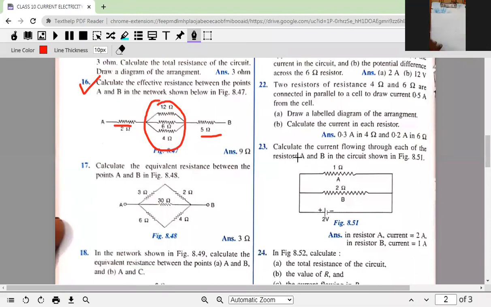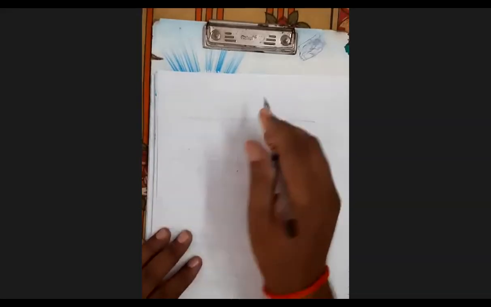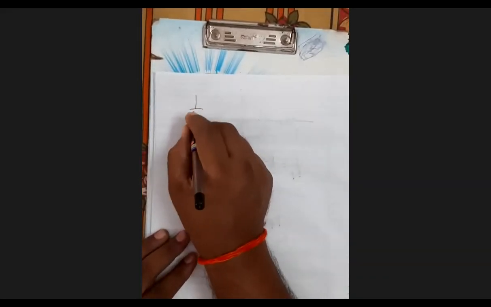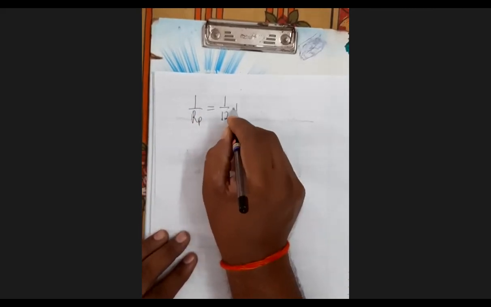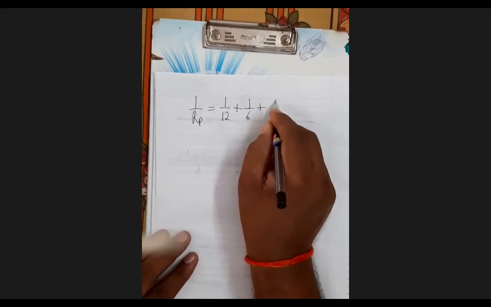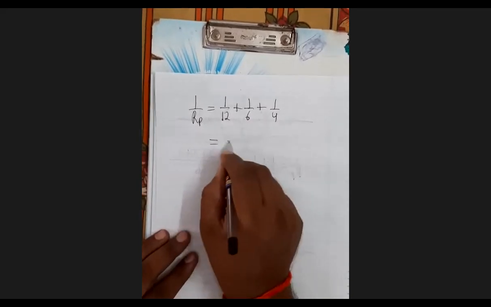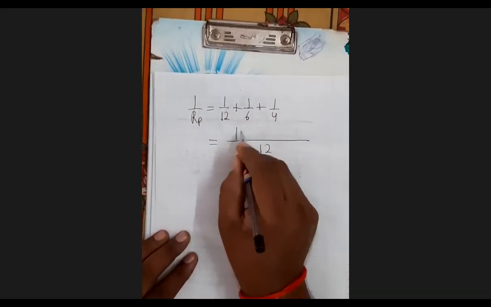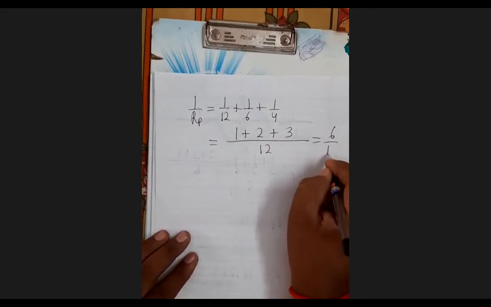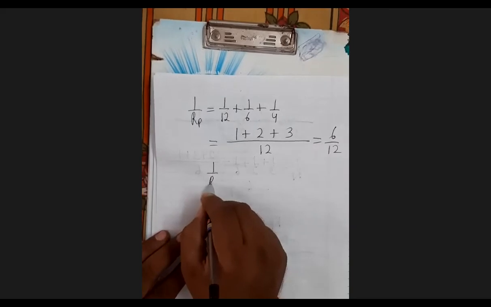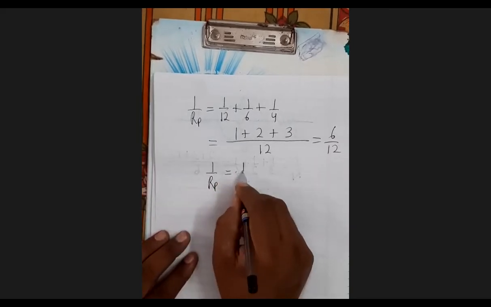So you can determine it: 12, 6 and 4, what will be the equivalent? 1 upon Rp equals 1 upon 12 plus 1 upon 6 plus 1 upon 4. LCM is 12. 1 plus 2 plus 3, that is 6 upon 12. So 1 upon Rp equals 1 upon 2.